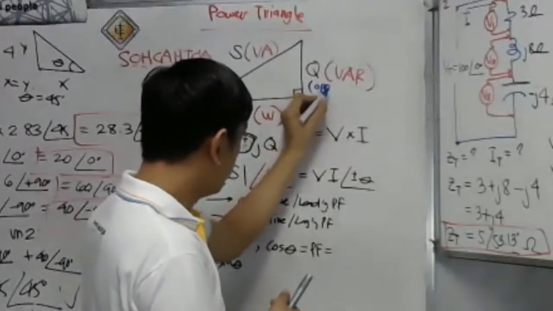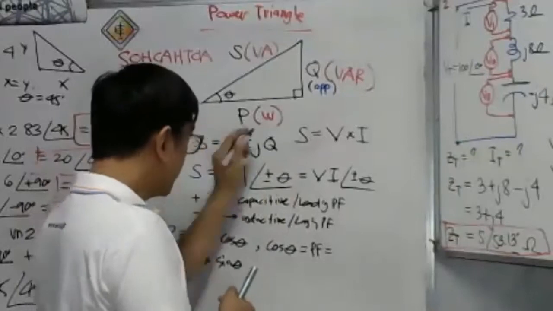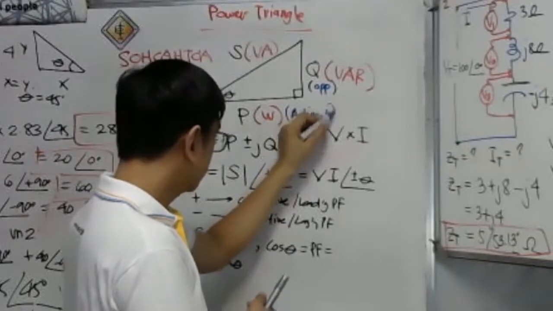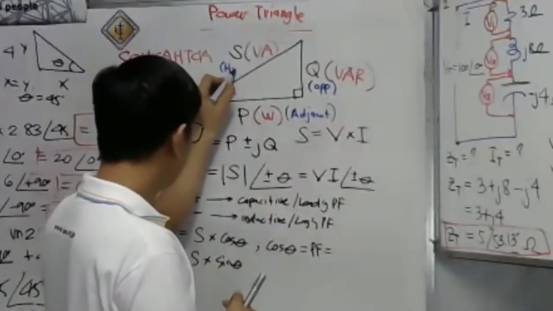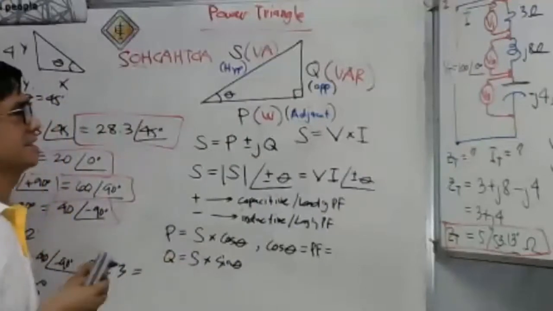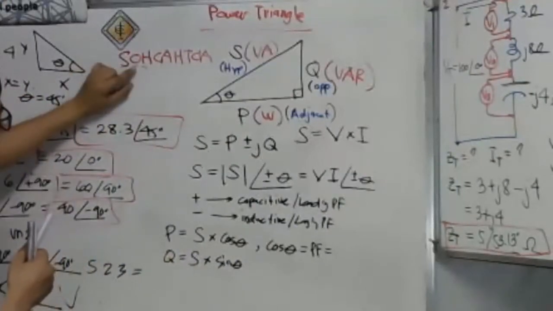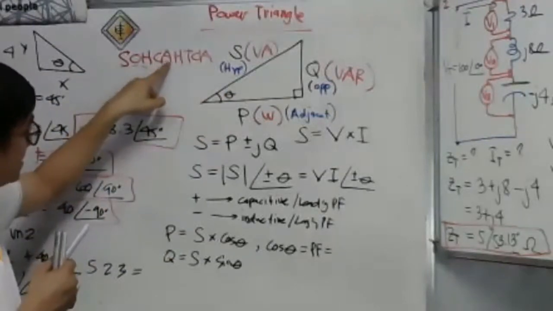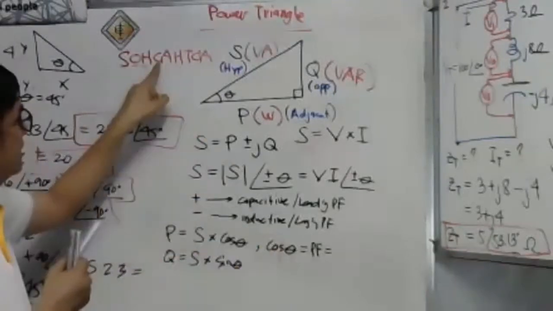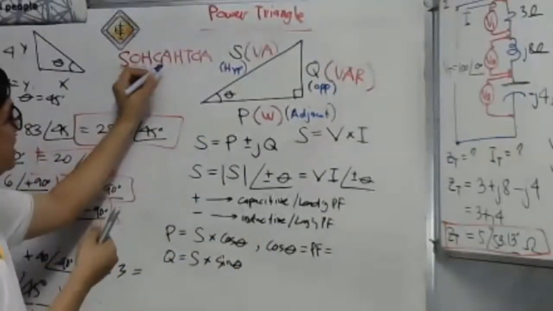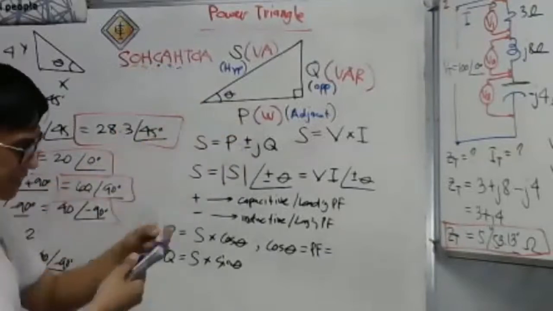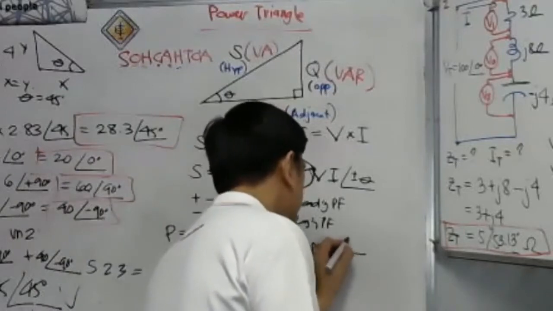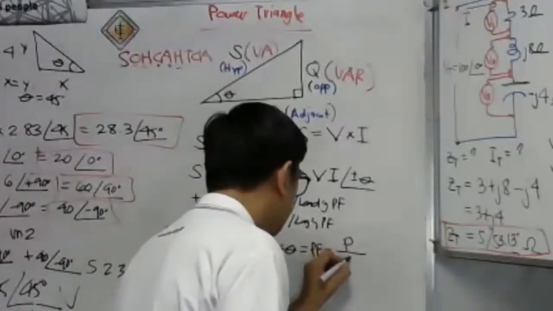P is the adjacent side. S is what we call the hypotenuse. So sine function is opposite over hypotenuse, then cosine function is adjacent over hypotenuse, which is equal to P over S, since the adjacent is P and the hypotenuse is S.